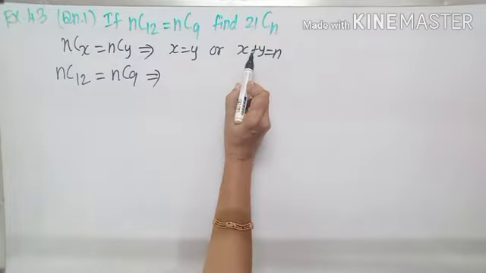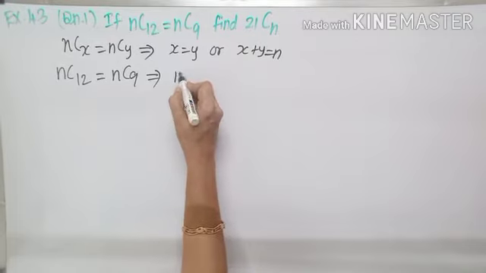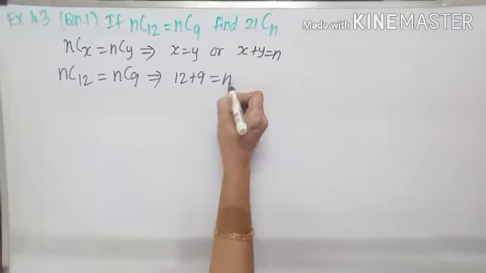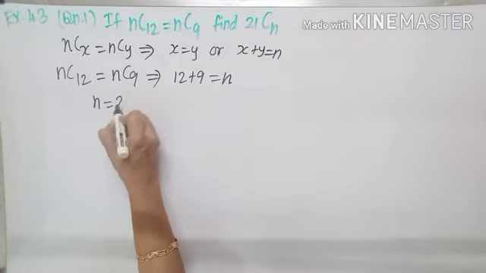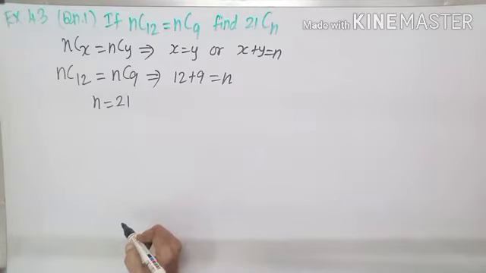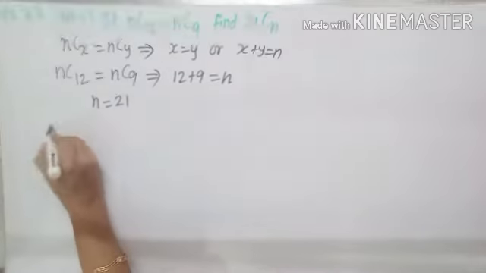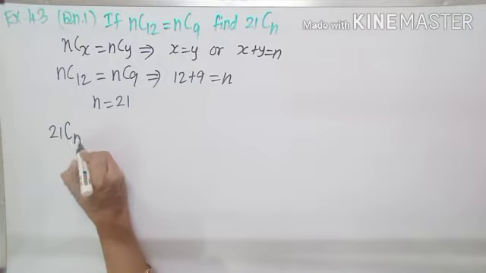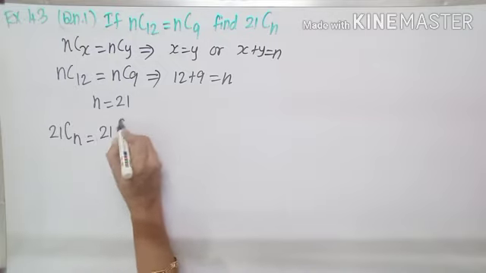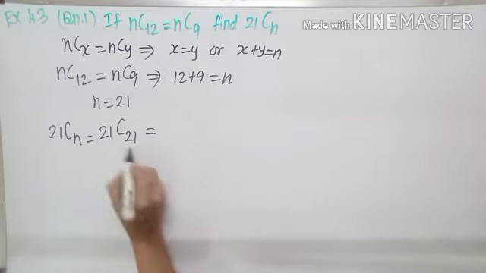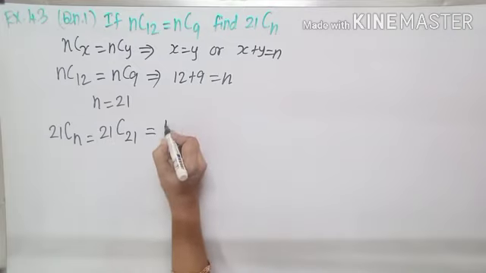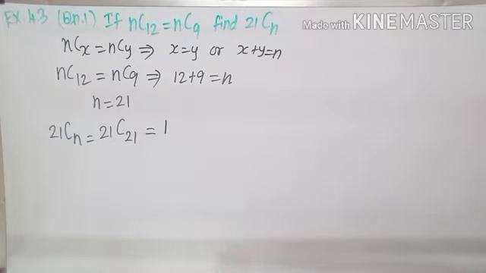So obviously 12 plus 9 equals n, or we get n equals 21. The question is 21Cn. What is n? 21C21. Whenever you have the same number, the answer is 1. So 21C21 is 1, and that is the answer.